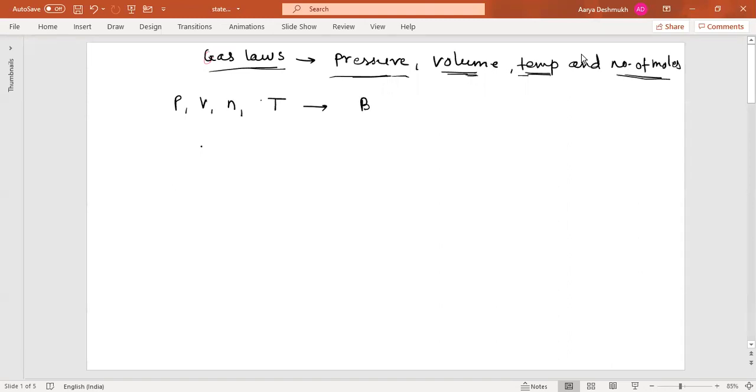The first one is Boyle's law. Second one is Charles' law. Third is Gay-Lussac's law. This thing we studied in basic concepts of chemistry also.